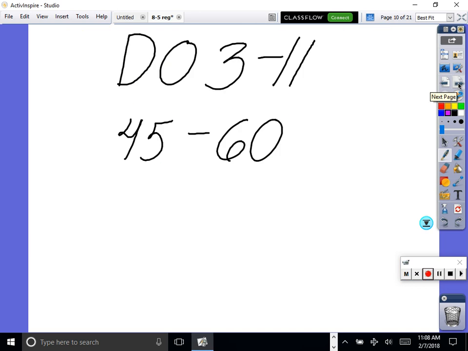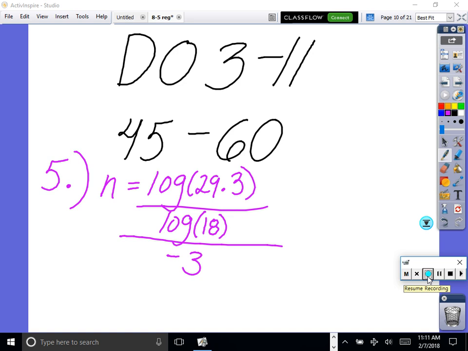Okay, what I want you to do is work on 3 through 11, 45 through 60 like a maniac. Like, let's get that done before lunch. Check your answer on number 5. This is the pretty answer, and then you'd give the decimal. Yeah, remember, we can have negatives when solving exponentials, right?